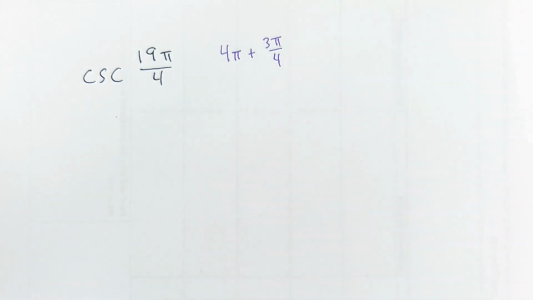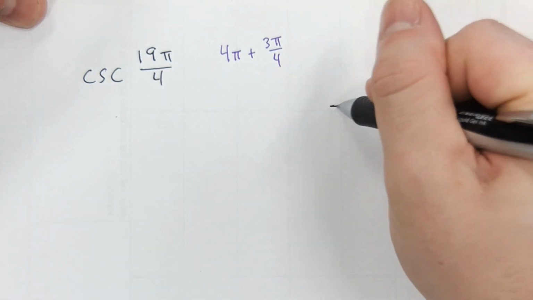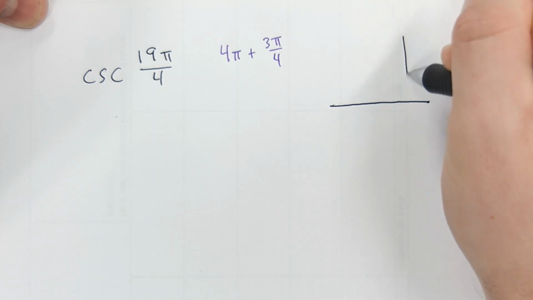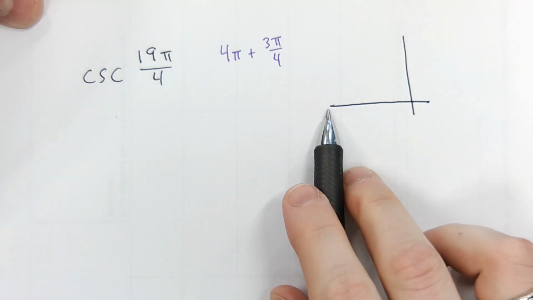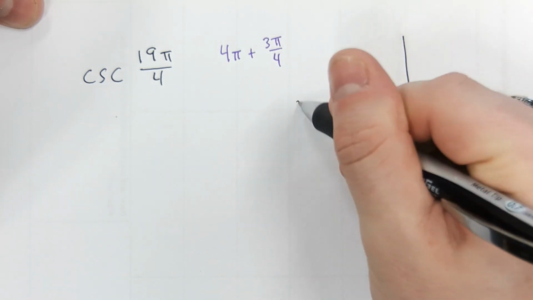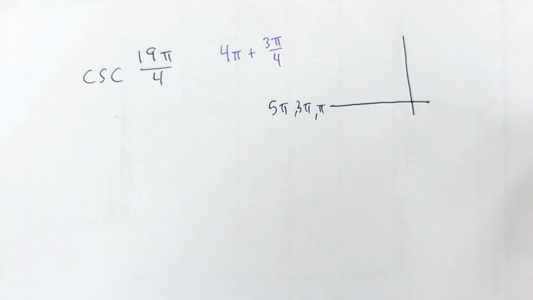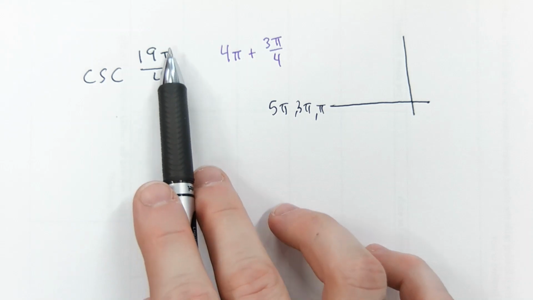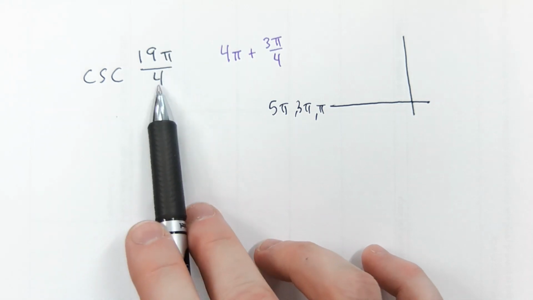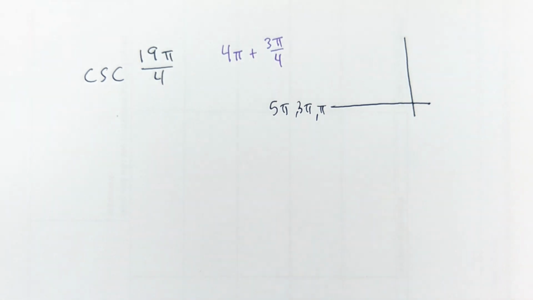That's going to put this thing squarely in quadrant 2, because this would have been pi, it's also 3 pi, and then it's also 5 pi. Maybe this is easier for you to realize that it's almost 20 pi over 4, which is 5 pi. It doesn't matter which way you choose.